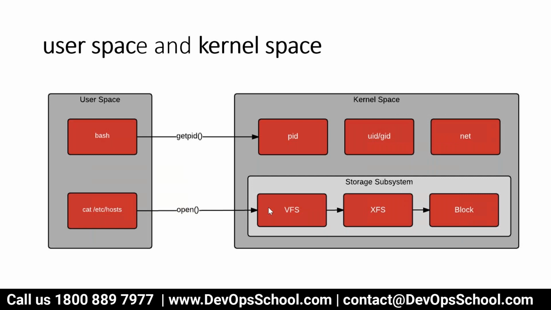Here, looking at the same image in detail, there is one process which is running bash. Bash requires a process ID, RAM, UID, network, CPU and all this. So how do they get it? There are different functions. These are the functions, and like that in the kernel there are so many functions. Using these functions, they access the resources running in the kernel space, get them, and then run all these applications.